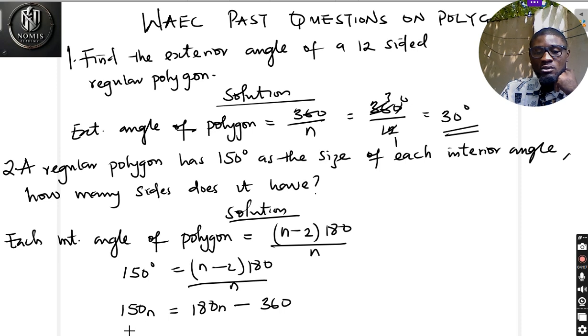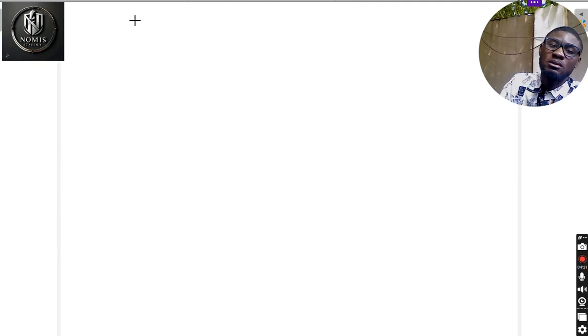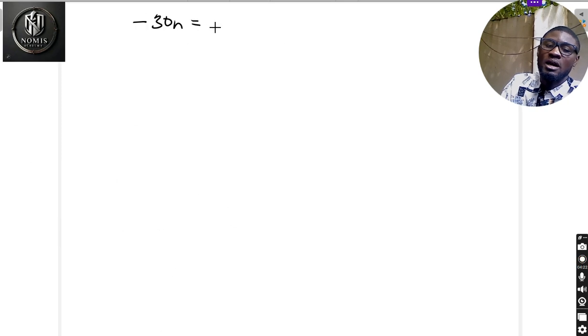So this becomes 150n minus 180n equals minus 360. So 150n minus 180n is minus 30n. Remember, you are subtracting a bigger number from a smaller number, so that should be minus 30n equal to minus 360.